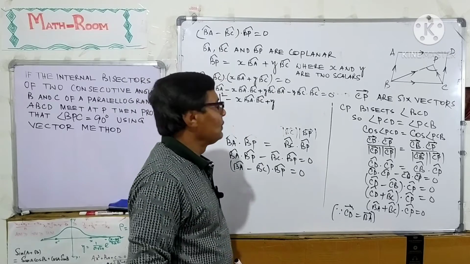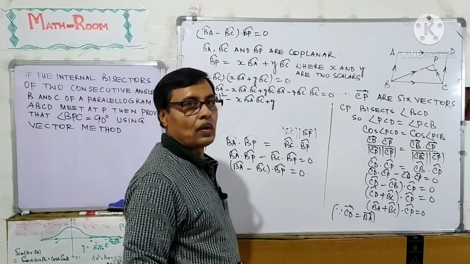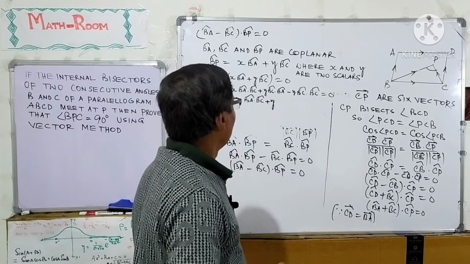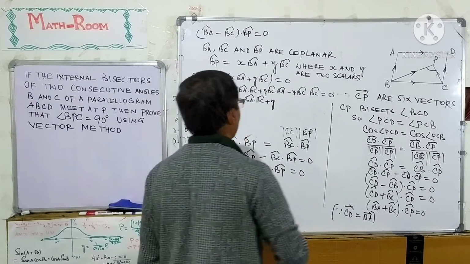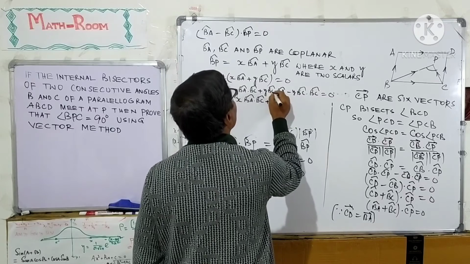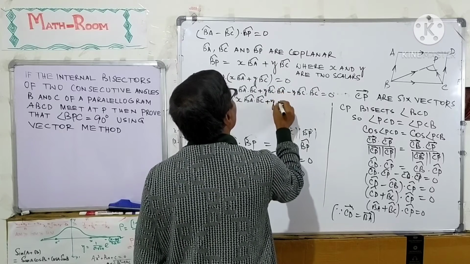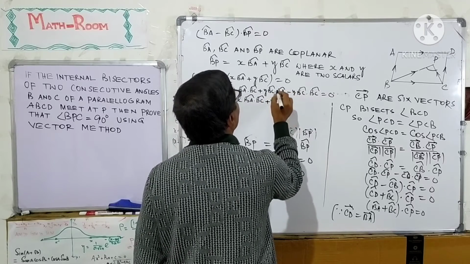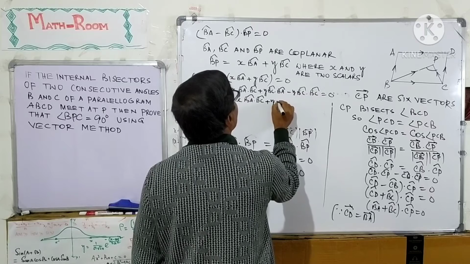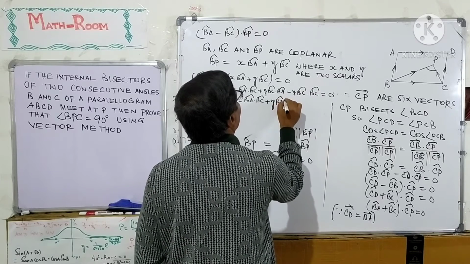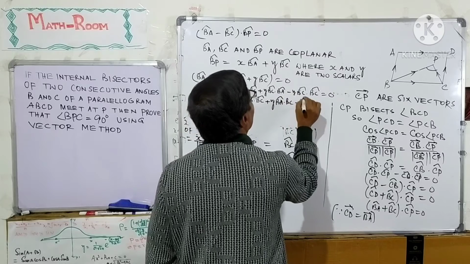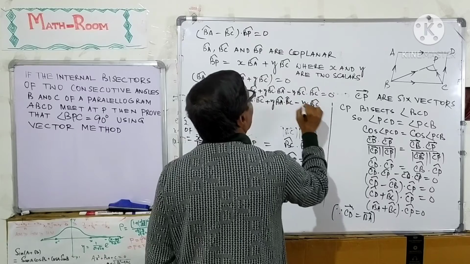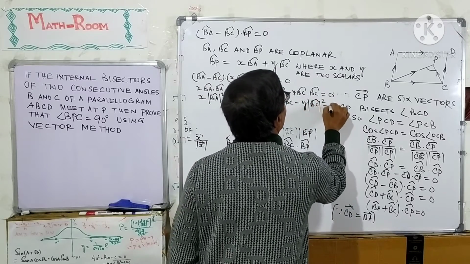We have already known that the commutative law holds for the dot product of two vectors. So, we can use the commutative law here and write y BC cap dot BA cap as y BA cap dot BC cap, minus y magnitude of BC cap squared equal to 0.